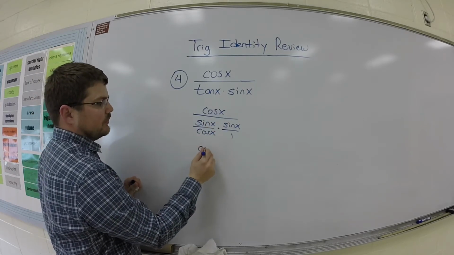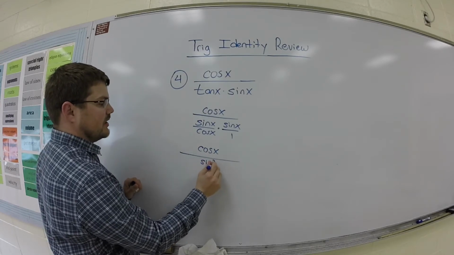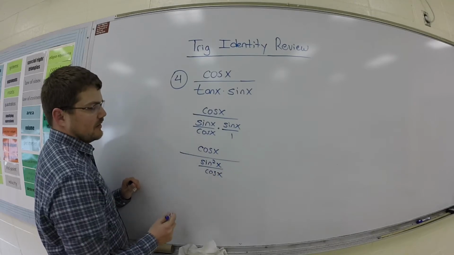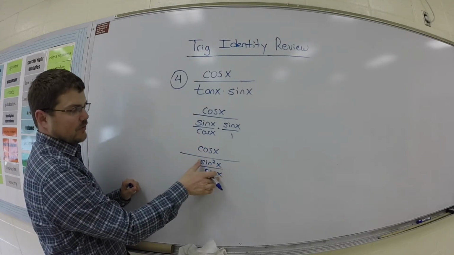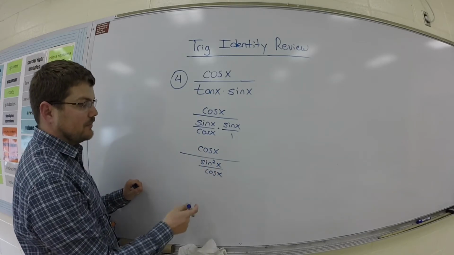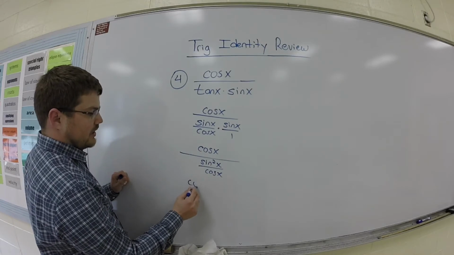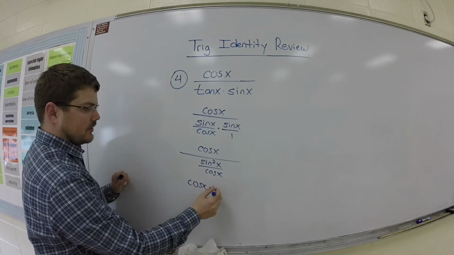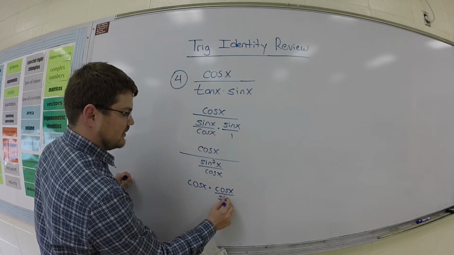So we'll have cosine x divided by sine squared over cosine. We are dividing by a fraction, so we want to multiply by the reciprocal. And so I have cosine x times, flipped, cosine x over sine squared.